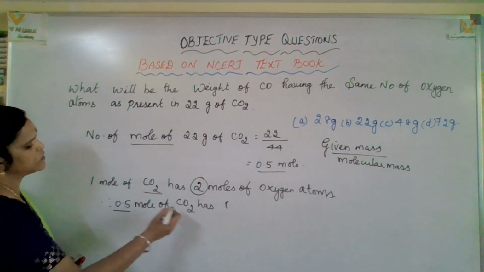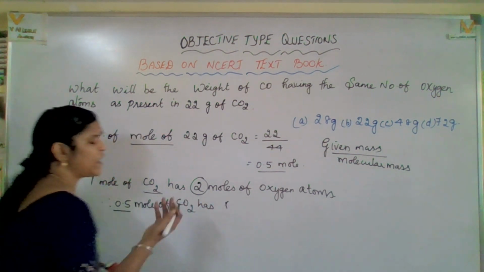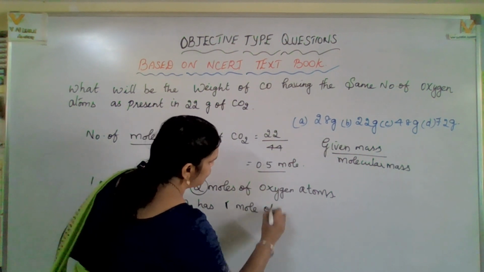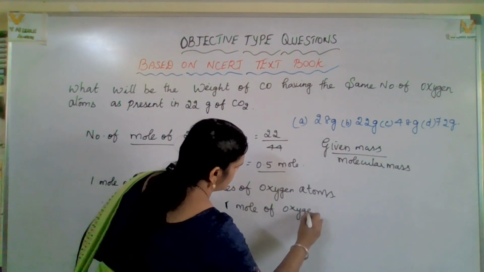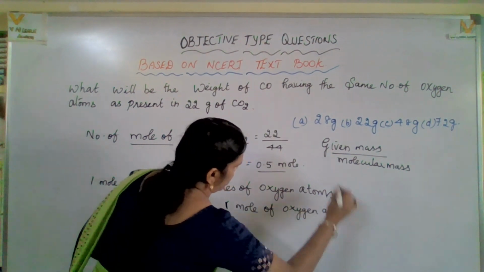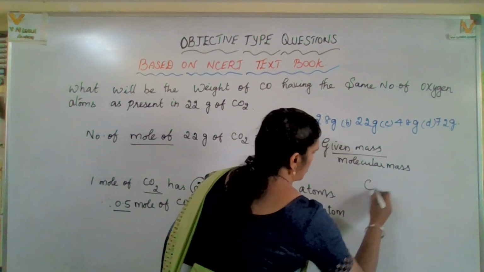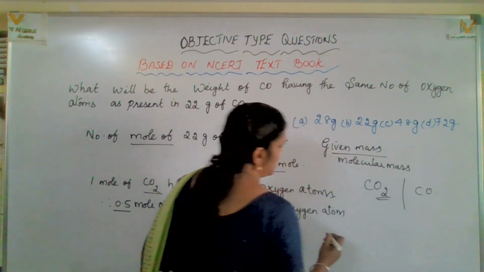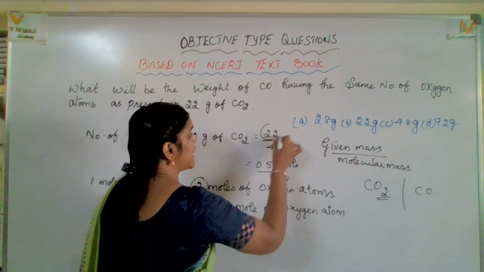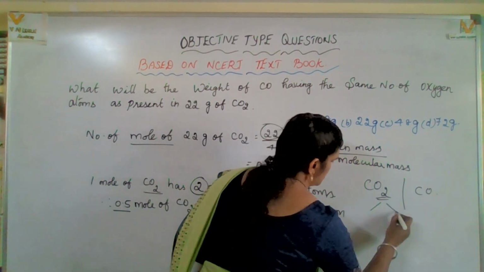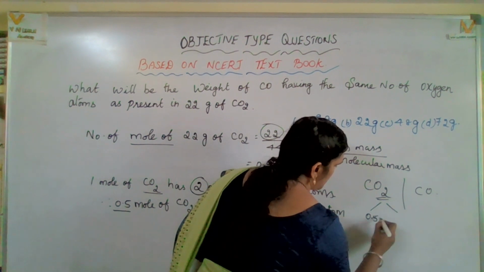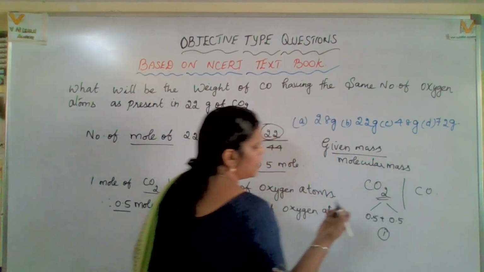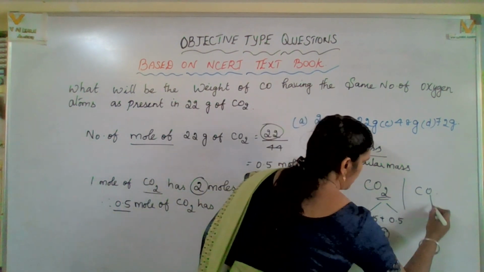Therefore, 0.5 moles of carbon dioxide has how many oxygen atoms available? 1 mole of oxygen atoms. Right? Now, here I mentioned carbon dioxide, and here carbon monoxide. Oxygen atoms, here what is it? 22 grams, that means half of that. So that means here 0.5 plus 0.5, here 1.